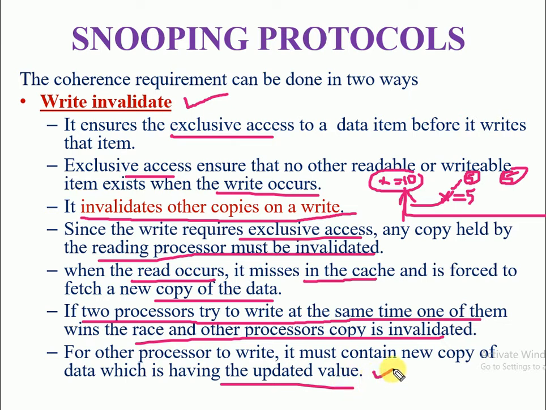So every time a new write is happening, the data that is to be written must be the updated value. Hope it is very clear. So when somebody is trying to write, all other previously written data of that block item must be invalidated. That is the only thing to be done as part of the write invalidate mechanism.